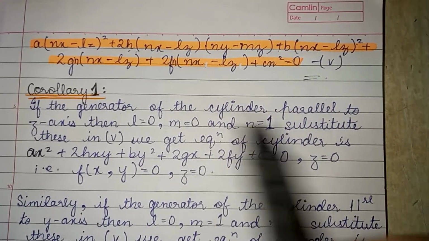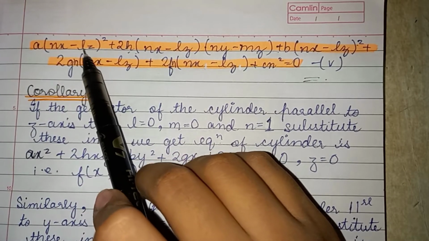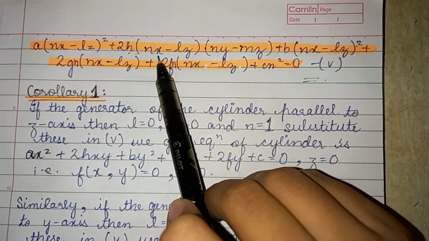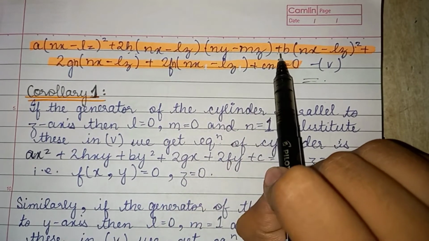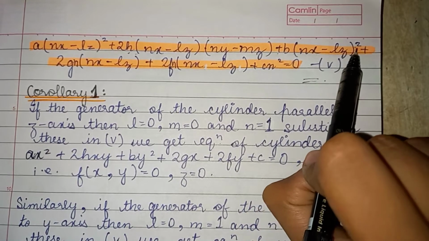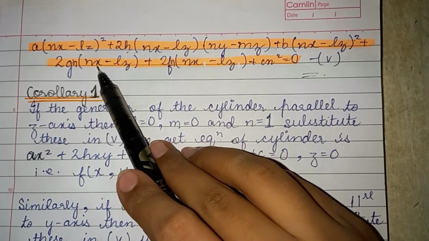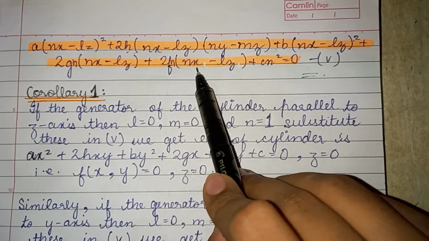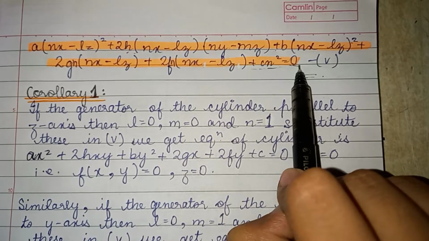So the required answer will be a into nx minus lz whole square plus 2h into nx minus lz into ny minus mz plus b into ny minus mz whole square plus 2gn into nx minus lz plus 2fn into ny minus mz plus cn square is equal to 0.